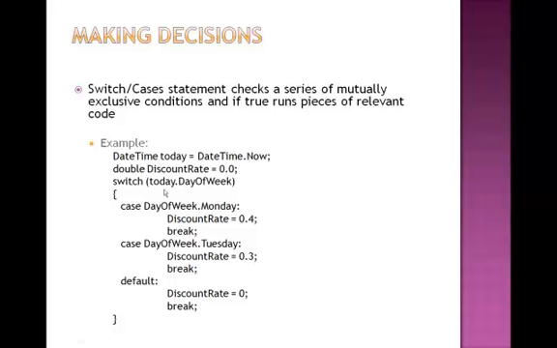So you're not interested in the time, but you're interested in the day of week. So within the switch statement you compare today's variable against the day of week. This would return Monday, Tuesday, Wednesday, Thursday, Friday, Saturday, and Sunday. And this value, which is a day of week, will be evaluated within different cases.